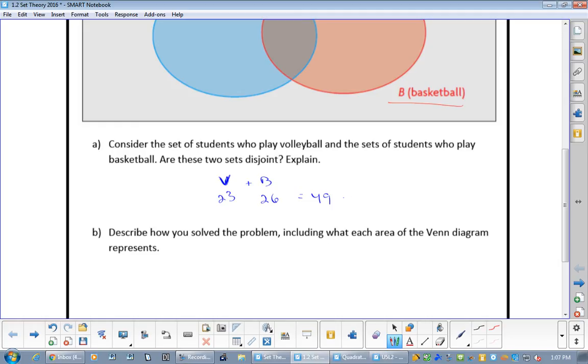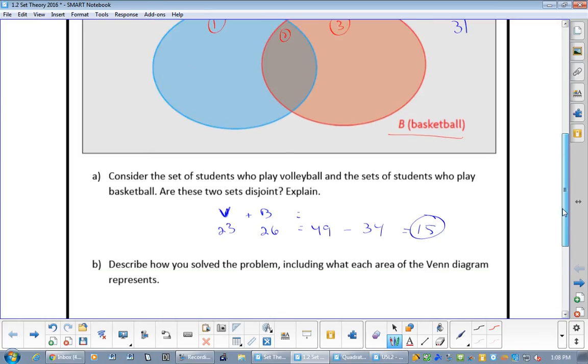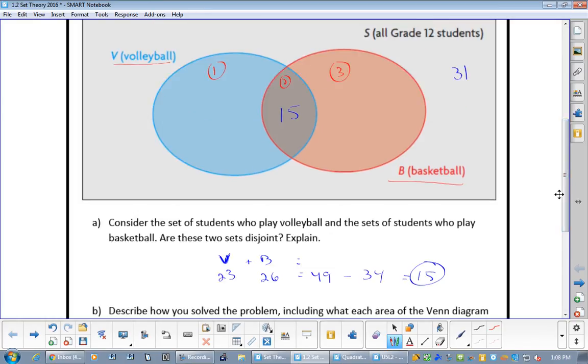So let's subtract 34, and we get 15. Okay, so 15 was counted twice. Now, what does all of this blue have to equal? All of it. 23.